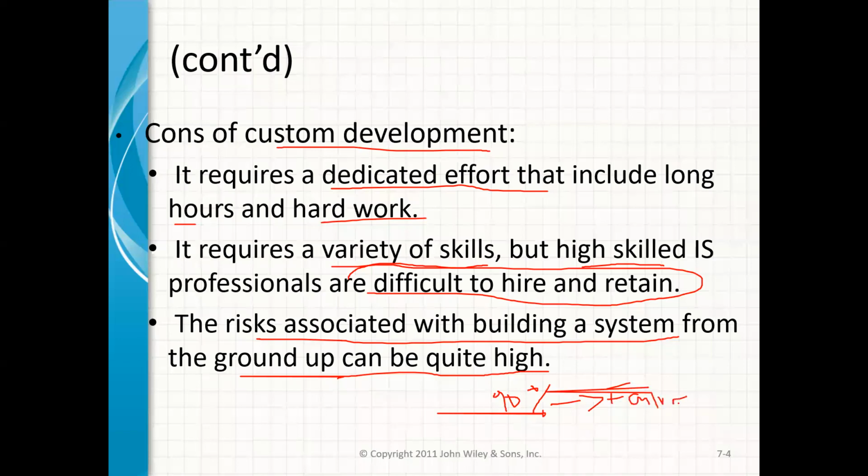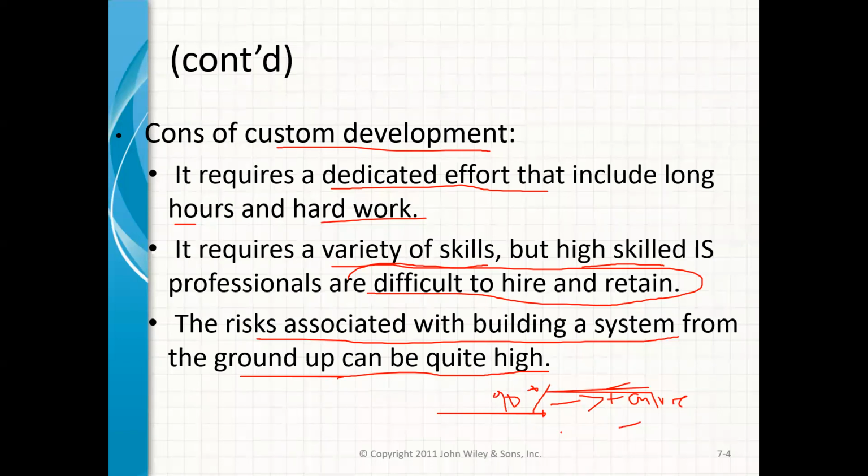If you don't meet the deadline, for example, people will drop the project. That's a fail. If you have 5 experts and they leave the company for whatever reason, the project might fail. So the probability of succeeding while developing a new system from scratch is quite low.